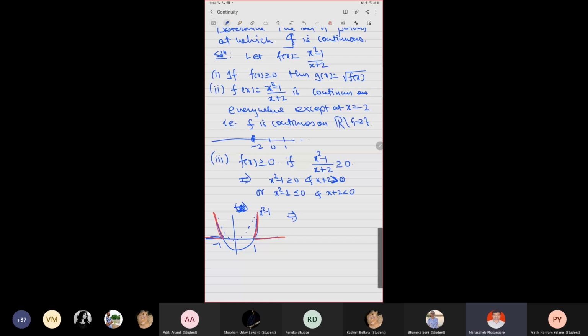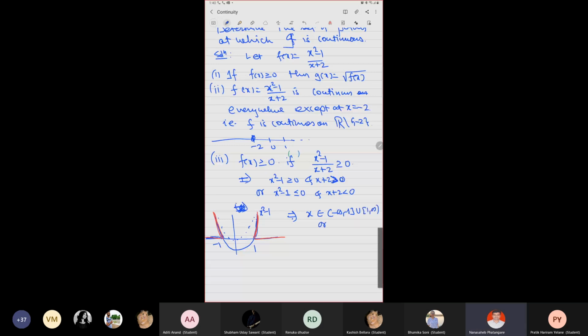So x belongs to minus infinity to minus 1 union 1 to infinity, and x plus 2 greater than 0. That means, not or, it is and.